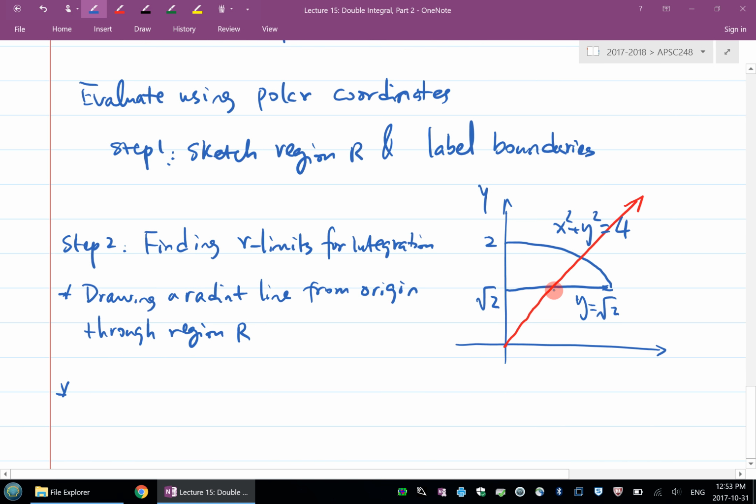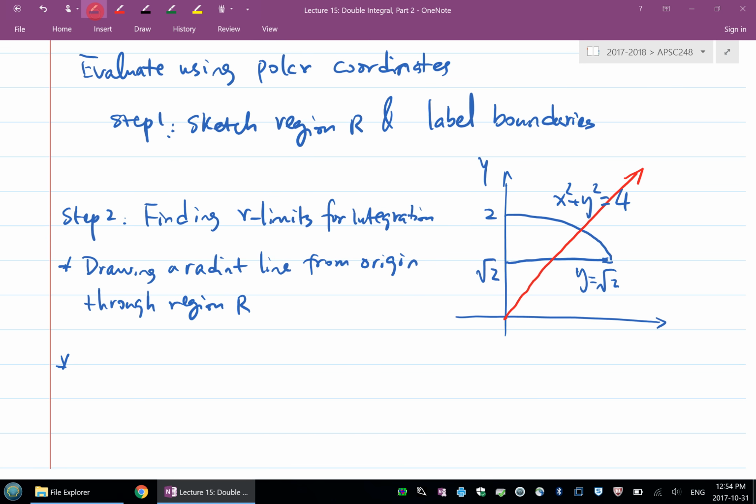Then your first contact, the entry point, will give you r min, and your second contact, the exit point, will give you the r max. So the minimum and the maximum are the limits for the integration.